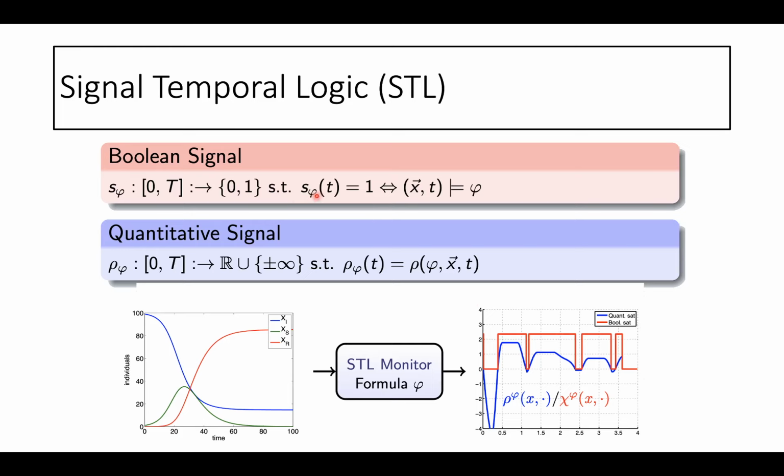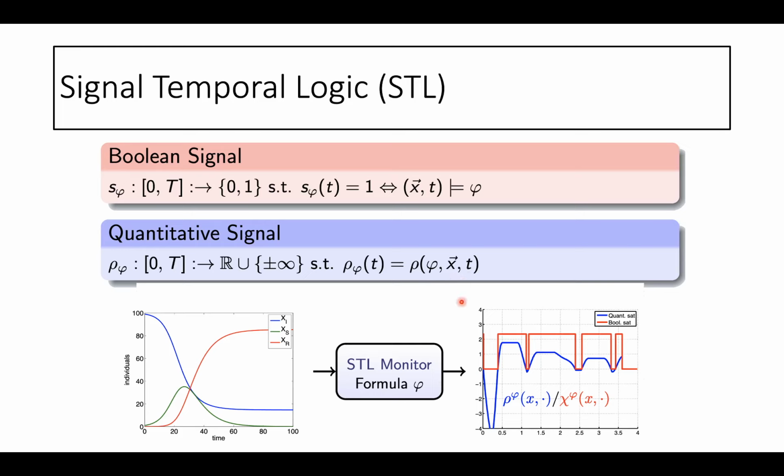So the signal at a certain time step t is equal to 1 if and only if the trajectory at the time t satisfies the formula. And similarly for the quantitative semantics, you have at each time step the value of the quantitative semantics with respect to the trajectory at that time step.